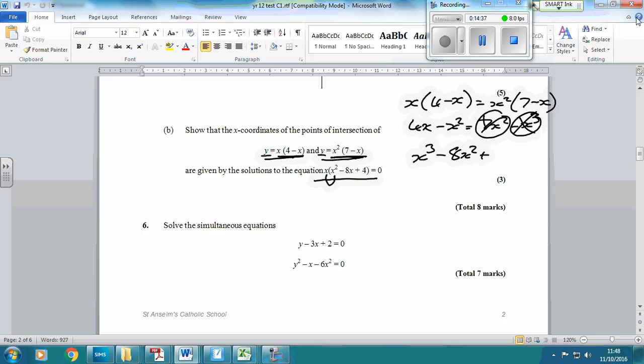We've got plus 4x equals 0. Then to get from this to this, we've got to factorise out an x. Because like I said several times, if ever you've got to factorise a cubic, which is something to the power of 3 in C1, all you do is you factorise out the x first of all. That's going to be x bracket x squared minus 8x plus 4 equals 0. And that's that.